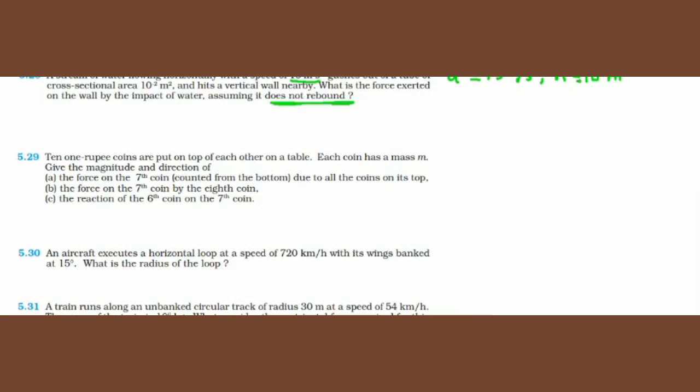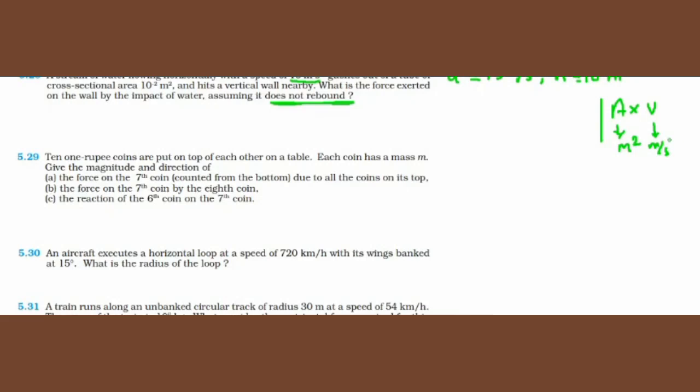Okay. Now, first of all, suppose we multiply area into velocity. I'm going to write the corresponding units. Area unit is meter square. Velocity unit is meter per second.